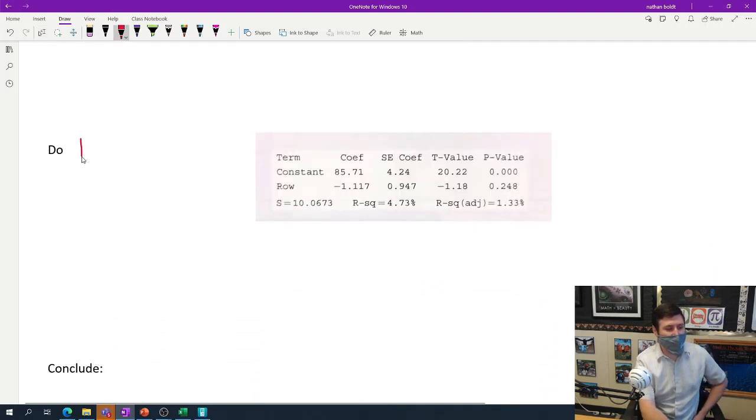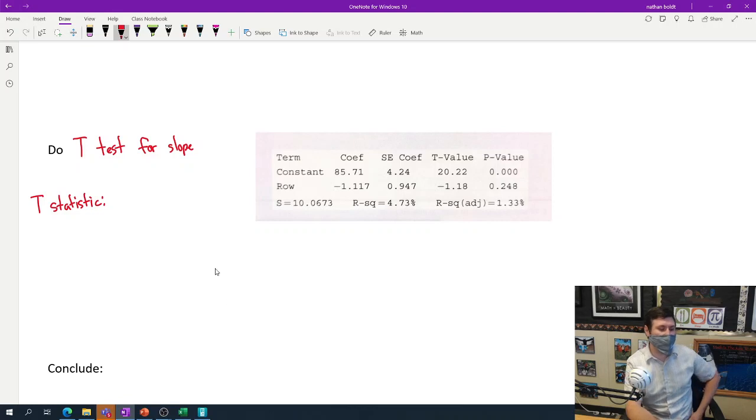We are doing a t-test for slope. So the first thing is to find your z-score, the t-statistic for our t-distribution. So that is the slope, which is, let me write the equation. That's not a bad idea.